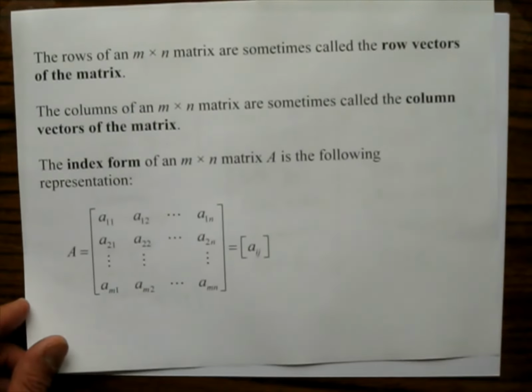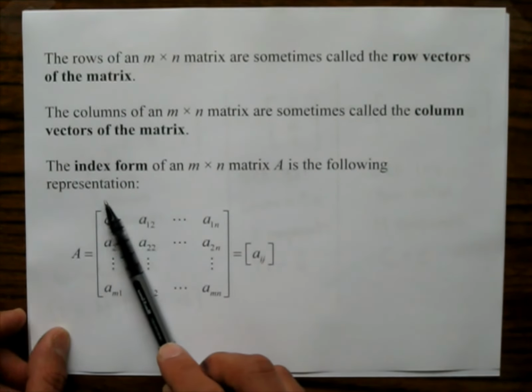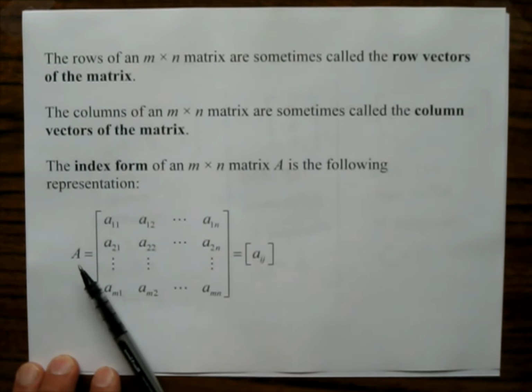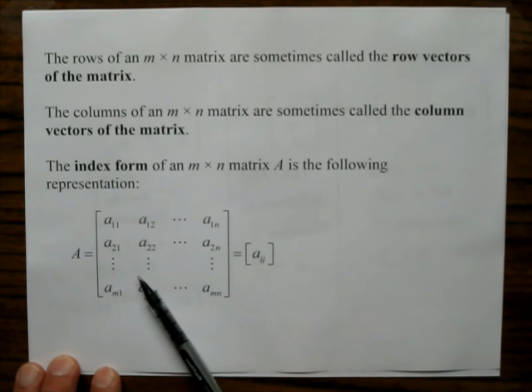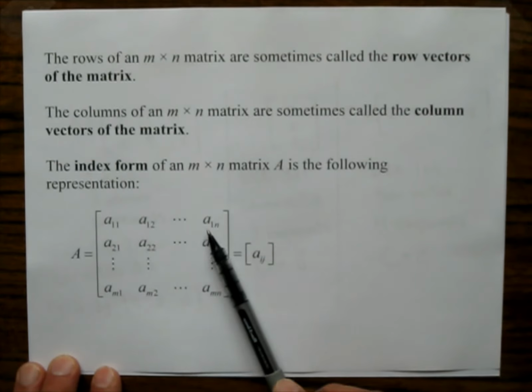Definition: the index form of a matrix A is the following representation. So we have the matrix here, and this element right here, I know this is very abstract for some of you, is in the first row, second column. So that's why we call this element A sub 1,2. And this is A sub 1n.